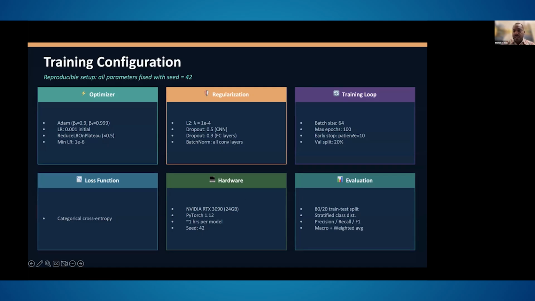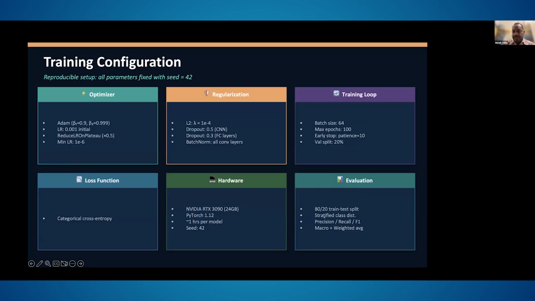We have used 100 epochs for training. We used early stopping as well. We have split the data set, with 20% of the data set used for validating the algorithm itself. We use a categorical cross entropy loss function. We have used a very small hardware setup that we can mimic.